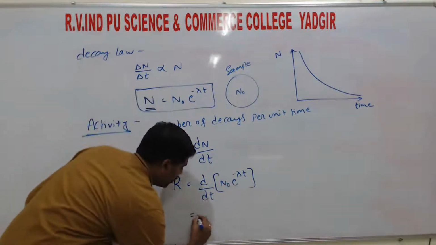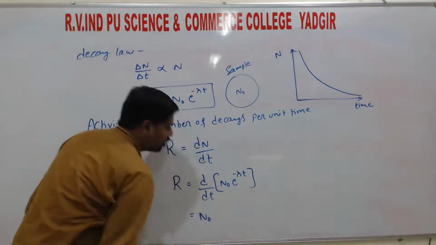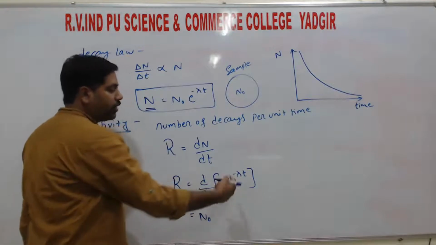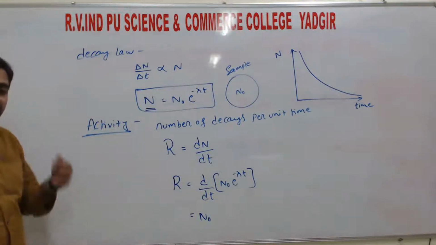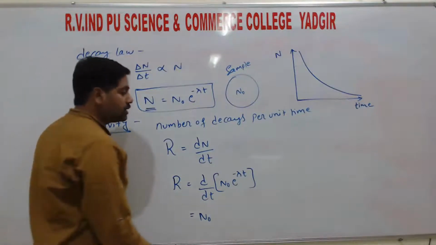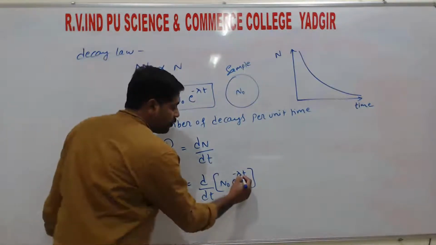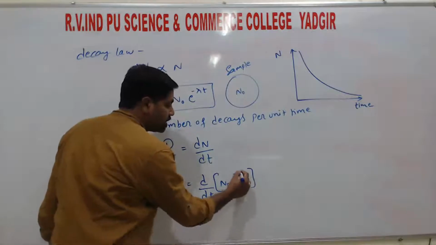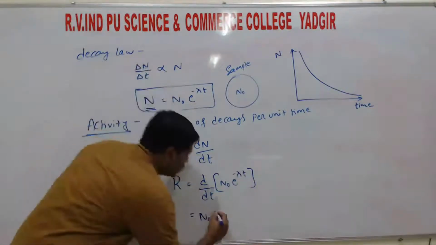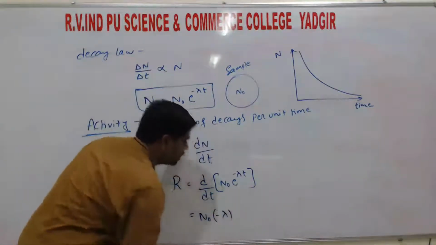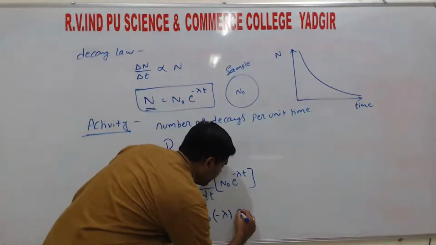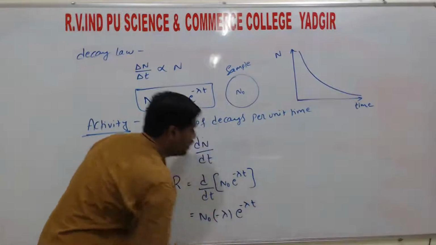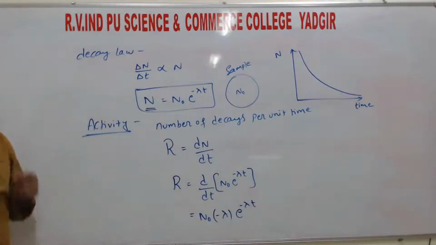Taking N naught outside, the differentiation of e to the power of minus ax is minus a e to the power of minus ax. So here we have minus lambda, which is constant, times e to the power of minus lambda t, right?